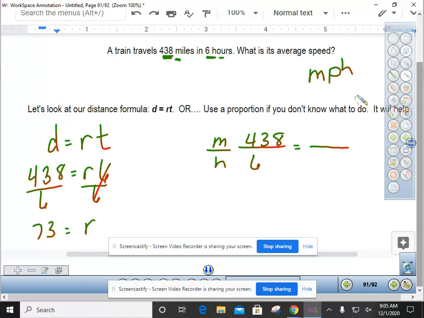Per means how many? 1. So if you solve that, what is your equation? 6x equals 438. So you see that it's the same thing, right? It's still 73. I can write that down now.